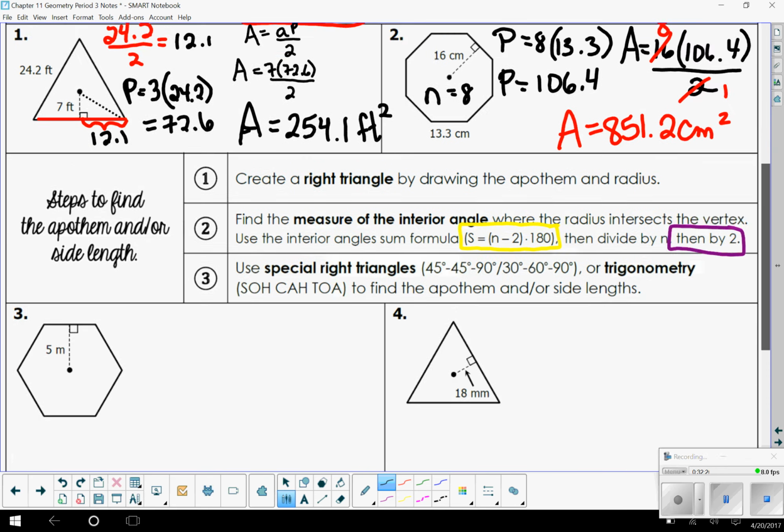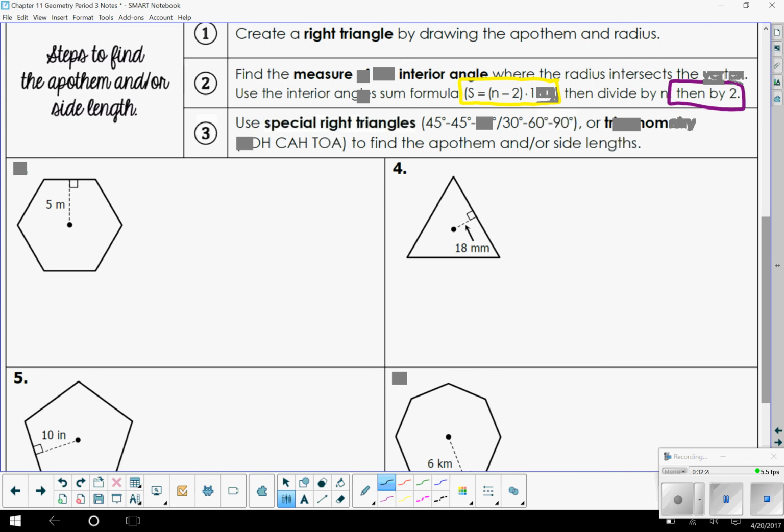All right, so let's go down to number 5. We are only given the apothem. My suggestion, if you notice the apothem is kind of pointing up, is either turn your paper so that the apothem is pointing down, or, like what I'm going to do right now, take the apothem and go straight down.